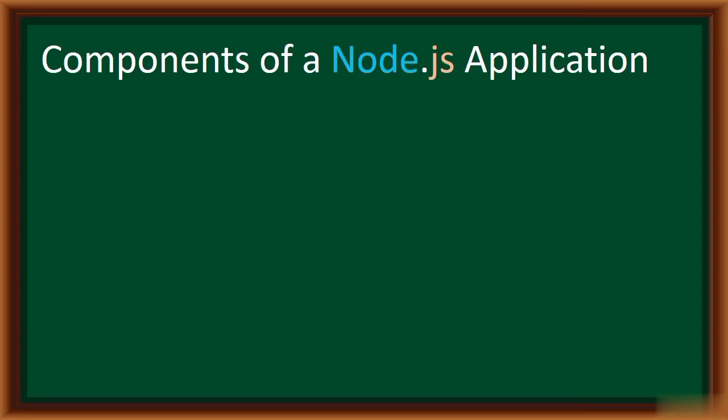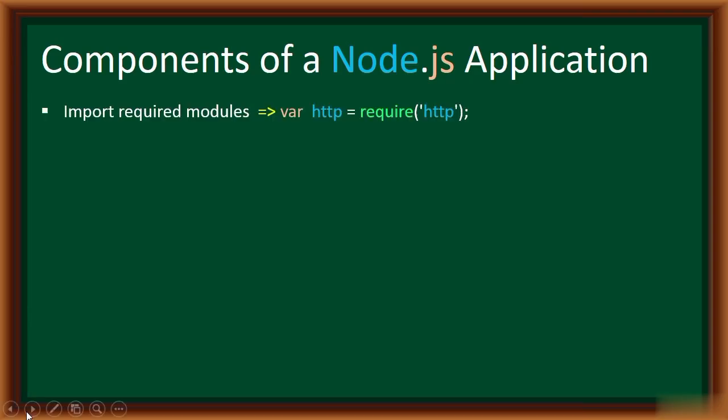Hello and welcome to this lecture on the components of a Node.js application. A Node.js application consists of the following three important components. The first is called import required module. A module basically encapsulates related code into a single unit of code.